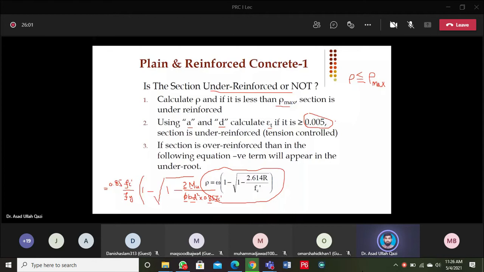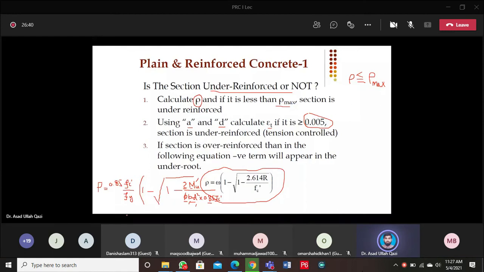However, there is one piece of information given here: if you calculate rho of your cross section with Mu, you have the cross-sectional dimensions, and Mu and b, and you calculate rho from this equation.